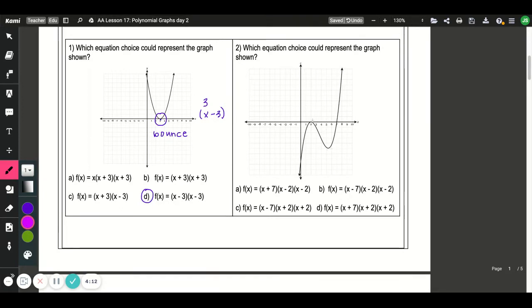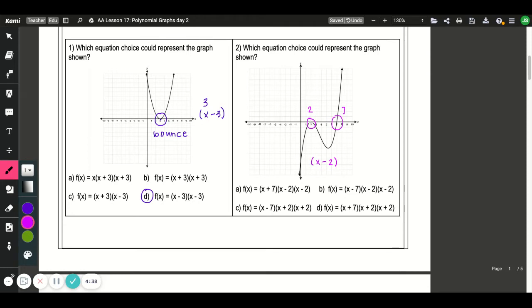So let's do the second one. There's a 0 right here at 2. And there's a 0 right here at 7. Okay, so can we write the factors for those? If +2 is a 0, then the factor is x minus 2, because I need to put 2 in there. 2 minus 2, that does give me 0.